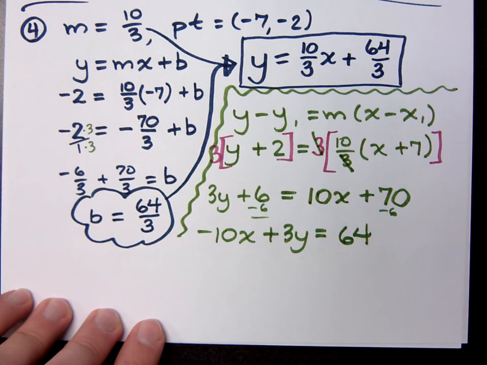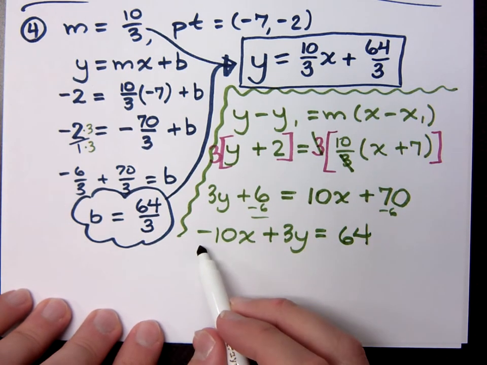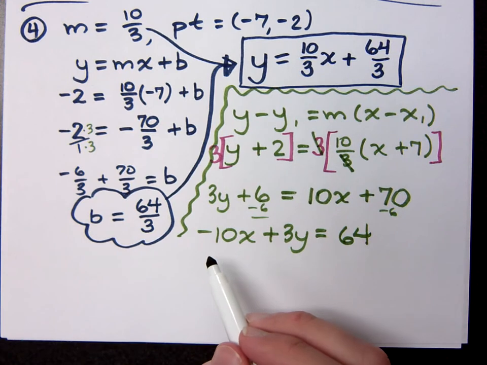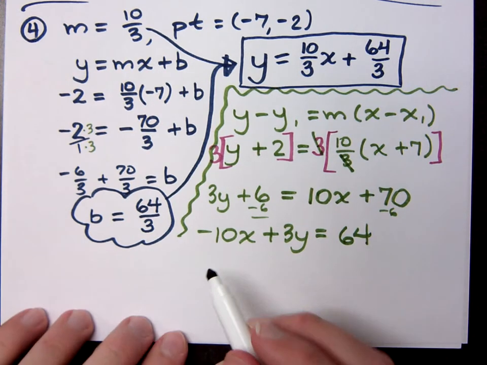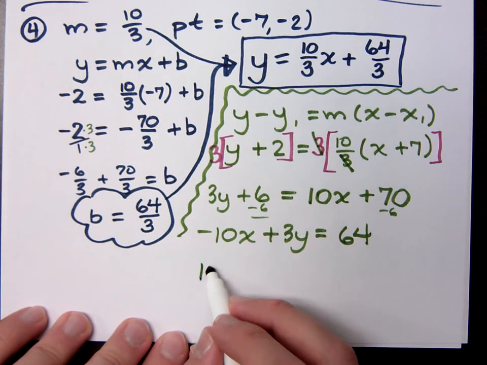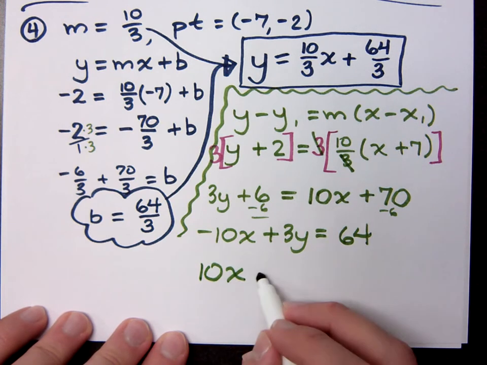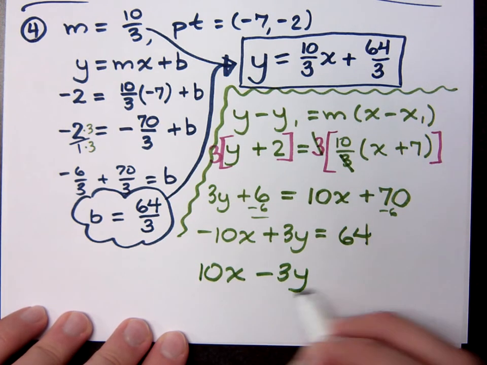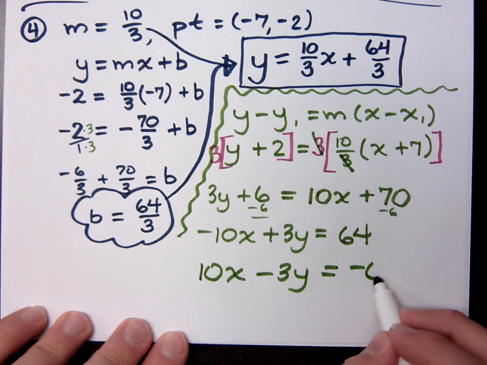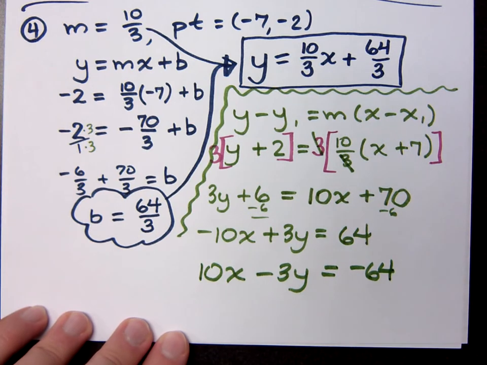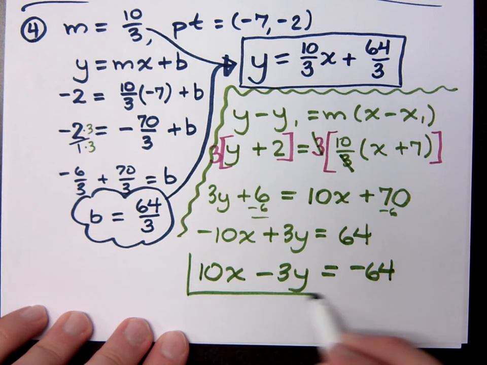But wait, I don't want to lead with a negative, so how can I fix this guy quickly? Divide all by negative 1, so I get 10x minus 3y equals negative 64.